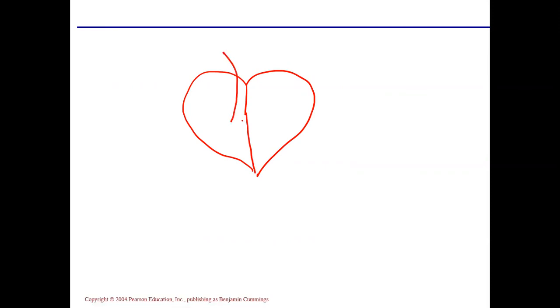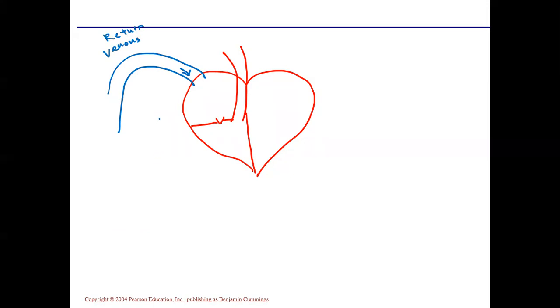This would be the pulmonary trunk, and this is the AV valve. We are looking at the right side, which deals with oxygen poor blood. From the vena cava, the blood is returning to the heart. This is sometimes known as venous return.